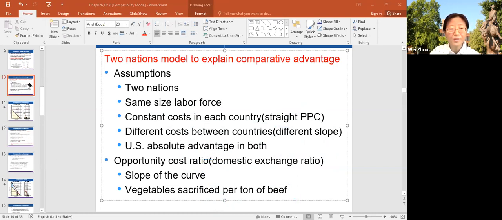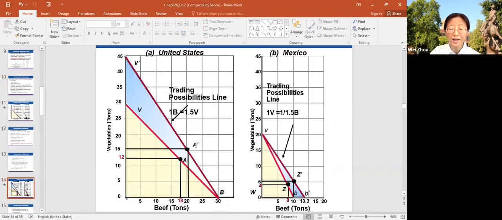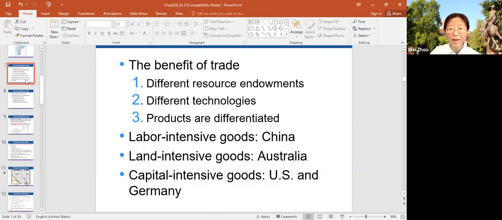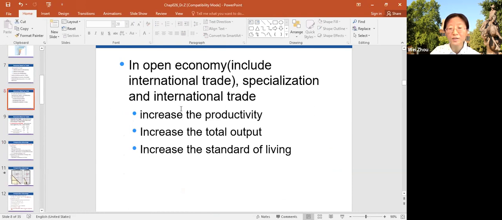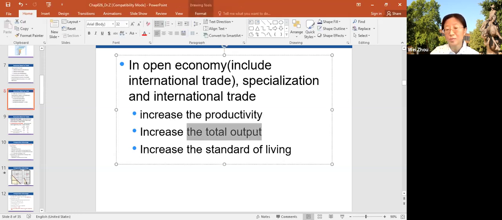The reason I want to explain that is, remember when you do that, what happened? Both countries can consume more and their PPC curve goes up. So that brings back the benefit of international trade: increased productivity, because each country focuses on what it costs less, so it is more productive, and the total output increases.